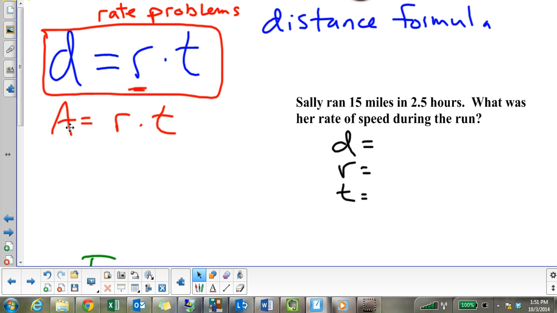With d equals r times t, if you're driving 50 miles per hour for 2 hours, you would drive 50 times 2 or 100 miles in that time. With a equals r times t, if I get paid $8 per hour babysitting and I babysit for 4 hours, the amount of money that I would have would be 8 times 4 or $32.